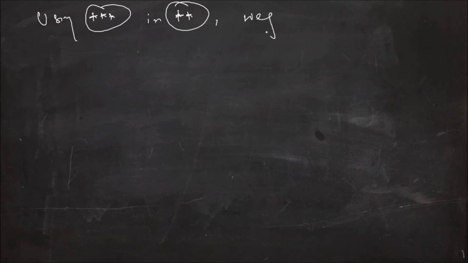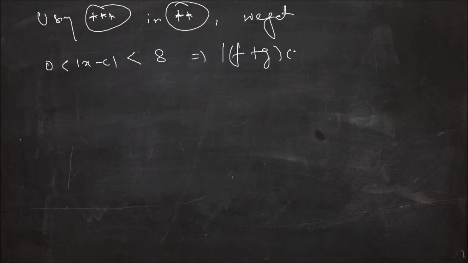So using triple star in double star, we get 0 less than |x minus c| less than delta implies |(f plus g)(x) minus (L plus m)| is less than epsilon.